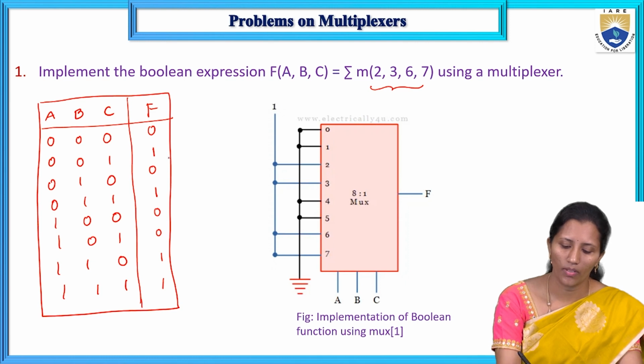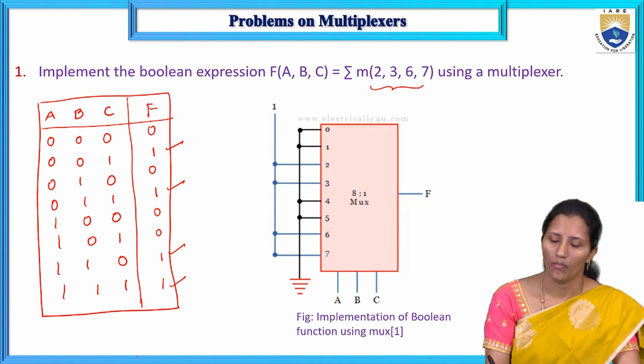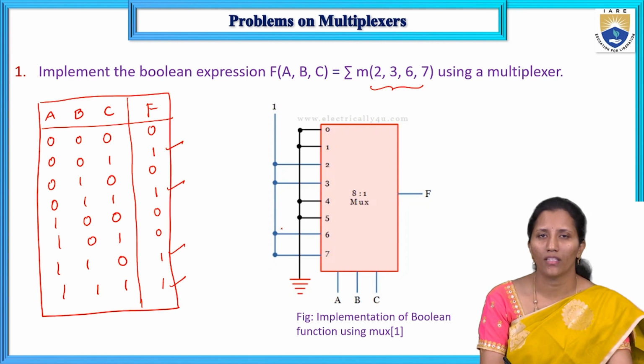The output is 1 for 2, 3, 6, 7, so we implement this using an 8:1 multiplexer.